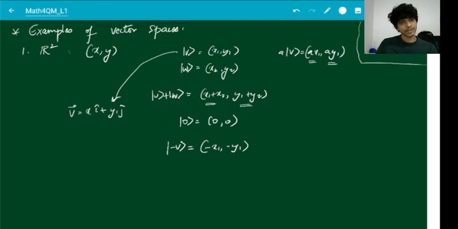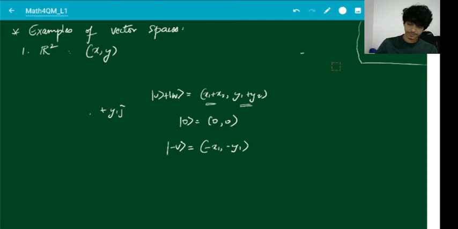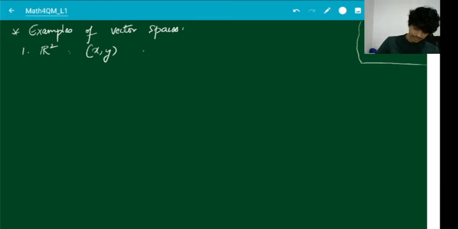So you're used to seeing vectors in terms of these i hat j hat vectors, but you could just as well have represented this just as this ordered pair x1 comma y1. It's the same thing. Everything works out. Your addition is component wise, scalar multiplication happens with each component, and so on and so forth. So R2 is a vector space. So R2, yes, it is a vector space.